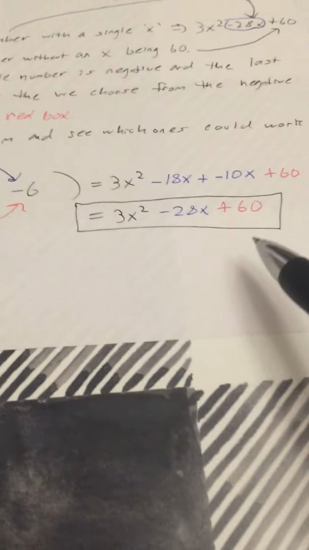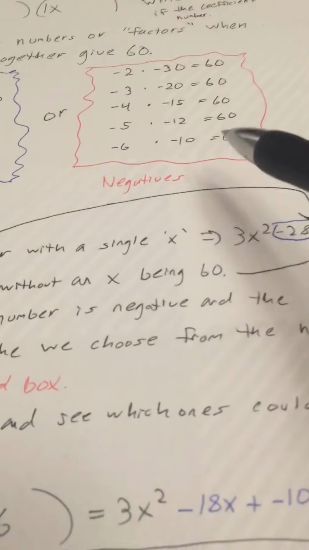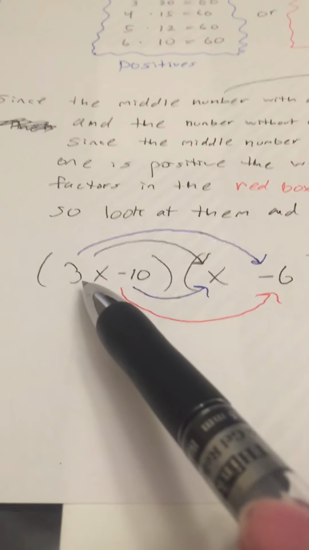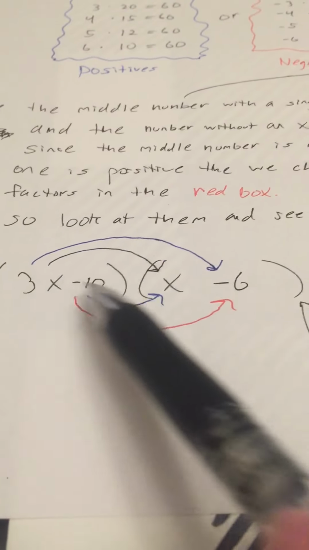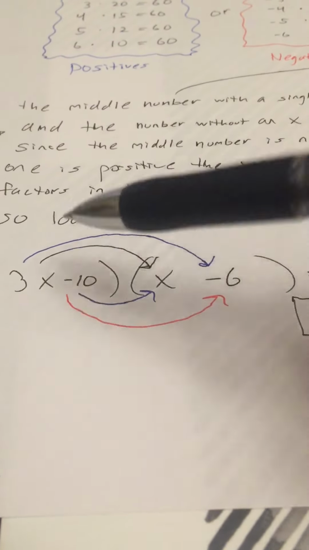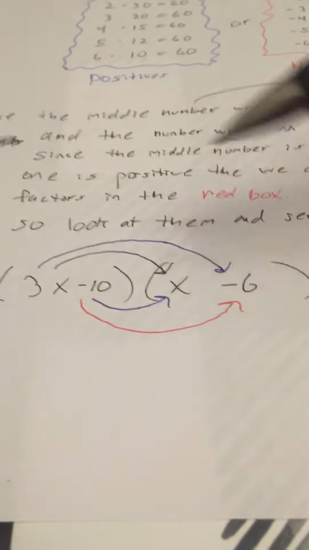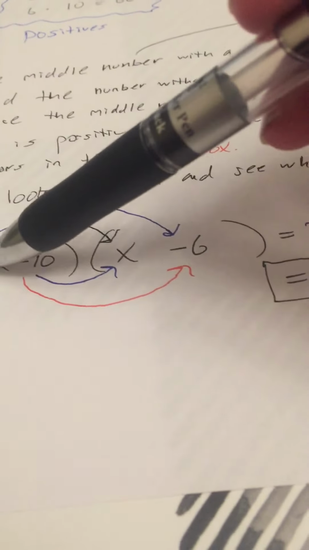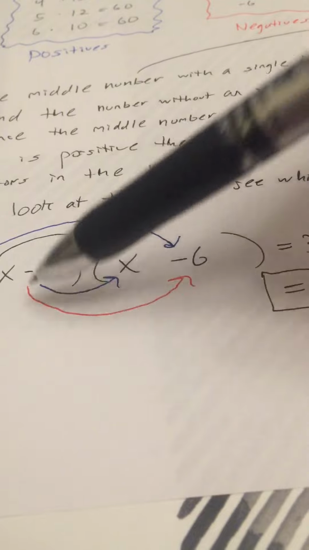So I already wrote down the correct answer, but I'll show you how. Let me demonstrate. We started off with the first step, 3x, and this distributes to this number. I wrote it in different colors for your liking. So 3x goes to x, then this 3x distributes to this negative 6, it's in blue.